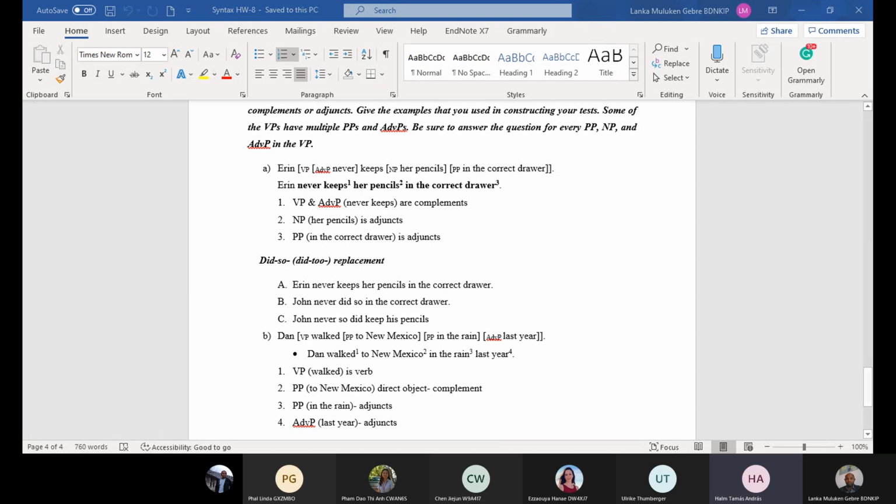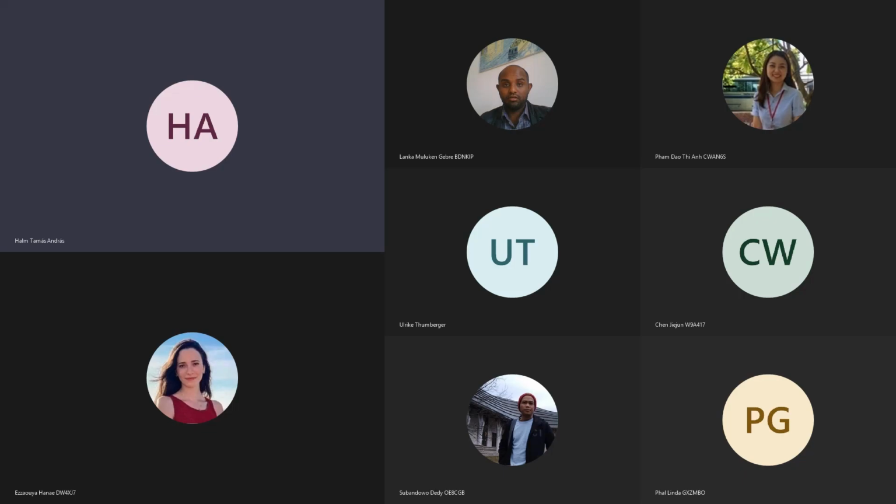But the conclusion is actually right. So in the correct drawer, this is an adjunct. I absolutely agree. Now, you also said that the NP her pencils is an adjunct. Does everybody agree? Or maybe some people have a different opinion.